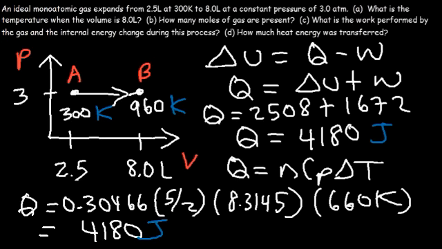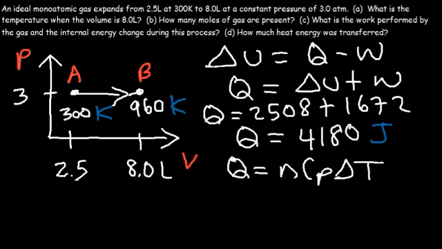So that's how you can find Q if you have the change in the internal energy and the work, or you can also find it in terms of temperature, or you can find it in terms of pressure and volume. So let me give you a third equation that might be useful if you don't have the temperature.